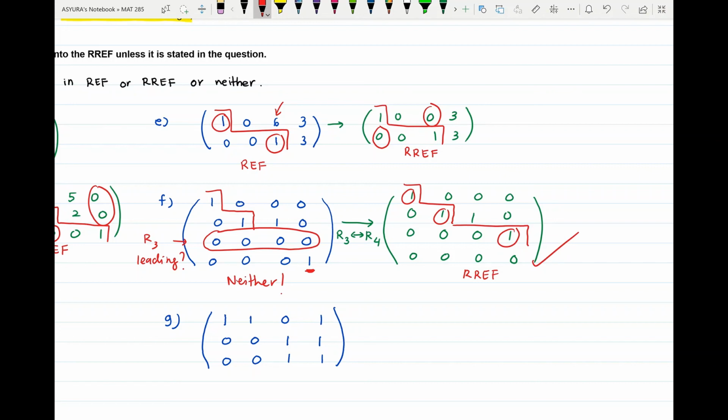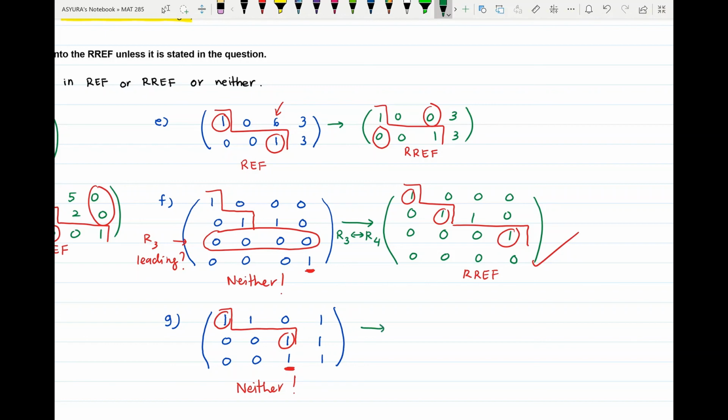For G, look at G. We have a leading 1 in each row, row 1 and row 2. But below your leading 1 in row 2, it is not 0. So this example is also neither REF nor RREF. Supposedly, you should have 0 below your leading 1.